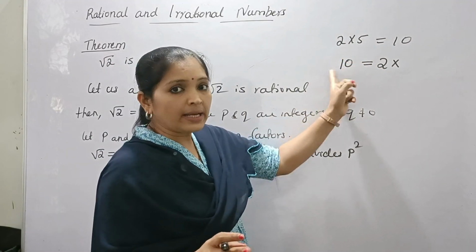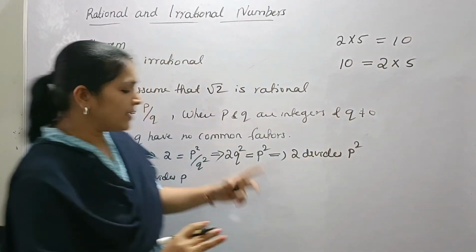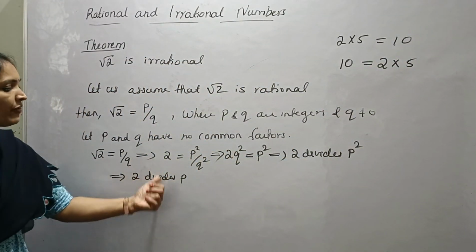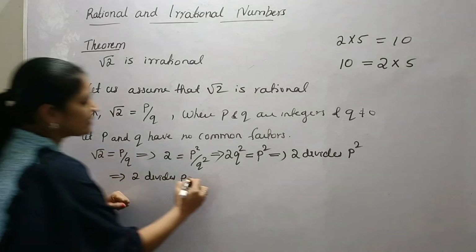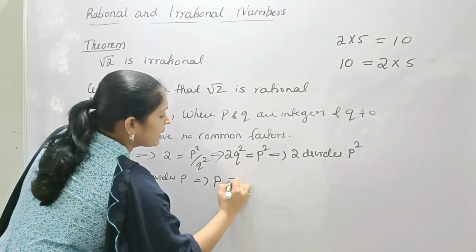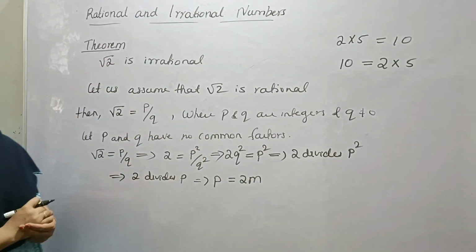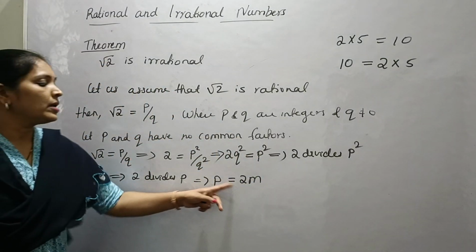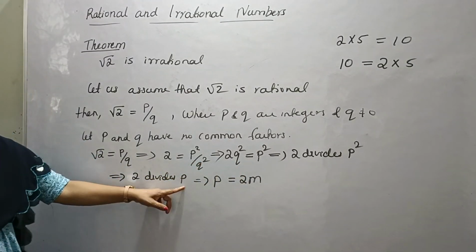Here it is 5. Similarly, here 2 divides p, that means 2 is a factor of p. This implies p can be written as 2 into some integer m. So p is equal to 2m because 2 is a factor of p.